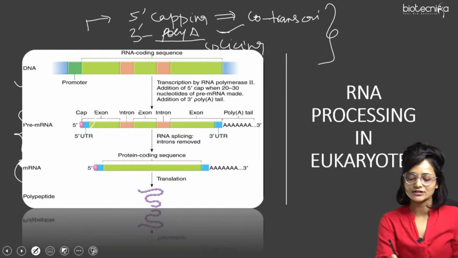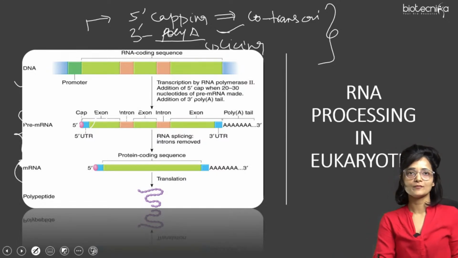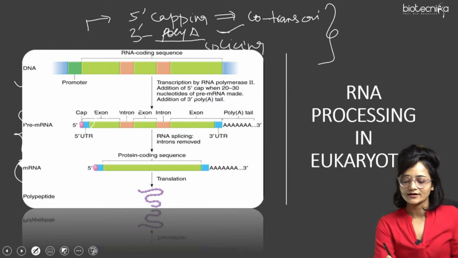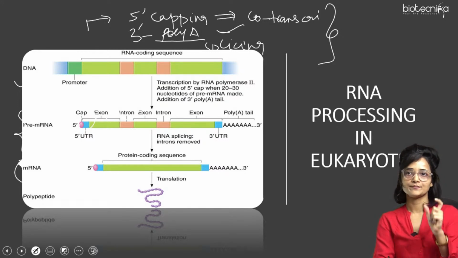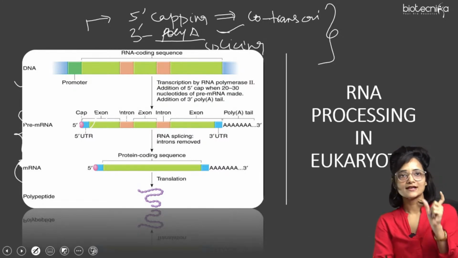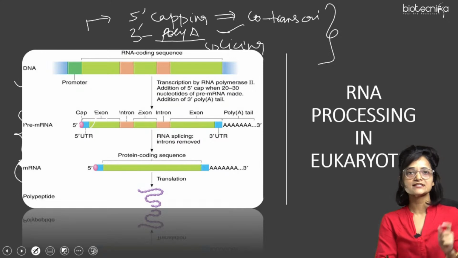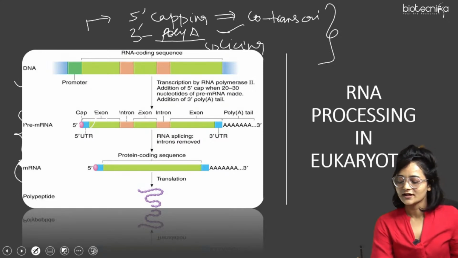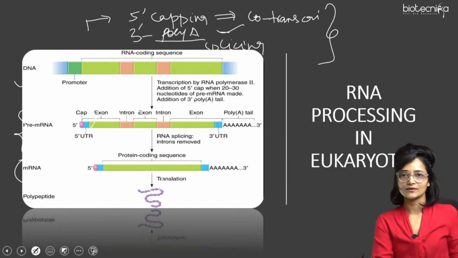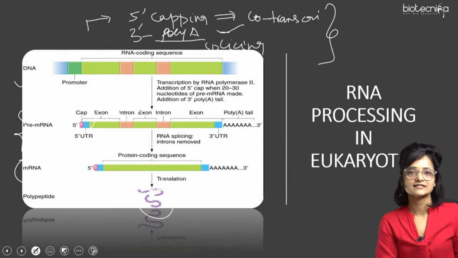So this is the mature mRNA which is formed after the processing has occurred. The length of this mature mRNA would be quite small compared to the pre-mRNA because introns are removed, right? Then after that, the translation takes place in the cytoplasm and the protein is formed.